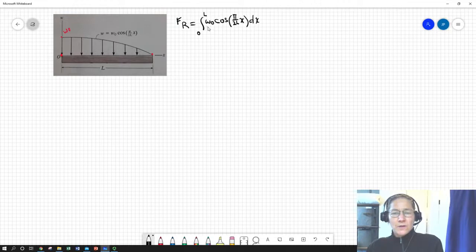So here's our load per unit beam length.